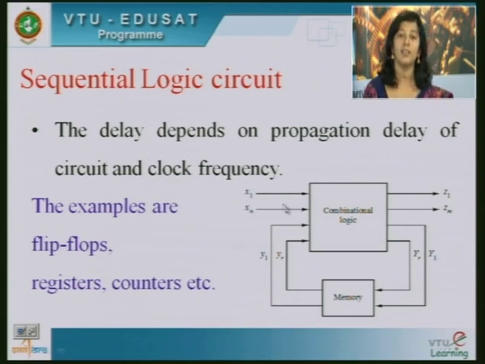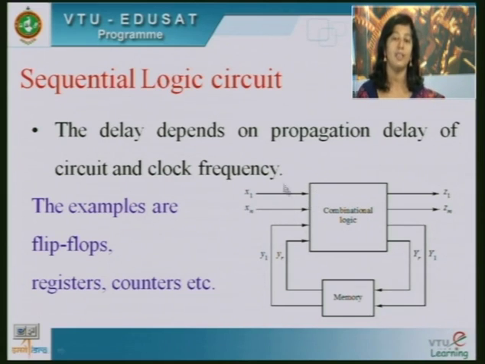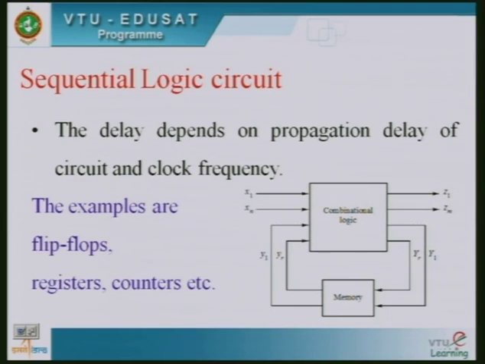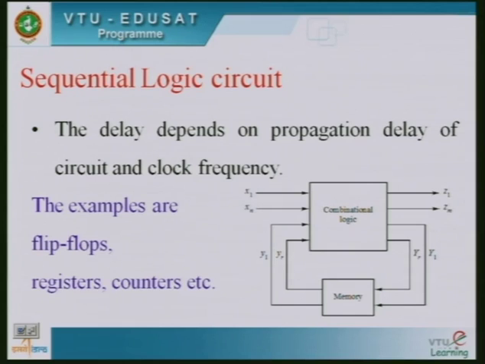Once you connect a clock signal, that clock frequency will also matter in the computation of the propagation delay, that is, how much delay is taken in generating output given a particular input. The examples of sequential logic circuits are flip-flops, registers and counters. These are some of the commonly used sequential logic circuits.